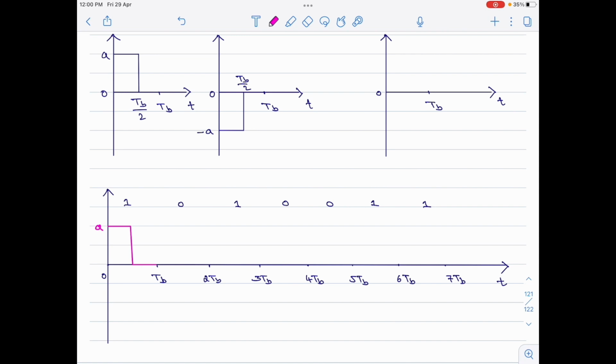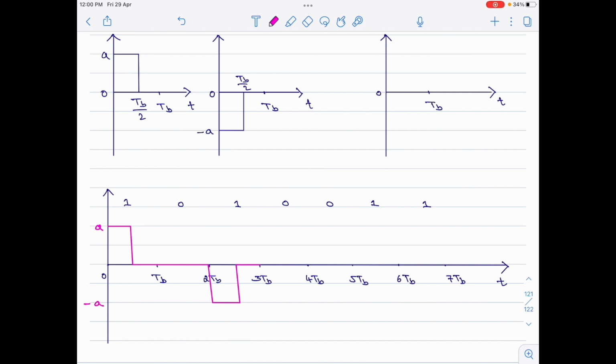The next bit is a bit 0, so we transmit 0 for a duration of 1 TB. The next bit is a bit 1, so I have to now change the amplitude. Previously it was plus A, so I have to now change it to minus A. So, I will now transmit a pulse of duration TB by 2 and amplitude minus A, and for the rest of the bit duration, I will be transmitting a 0.